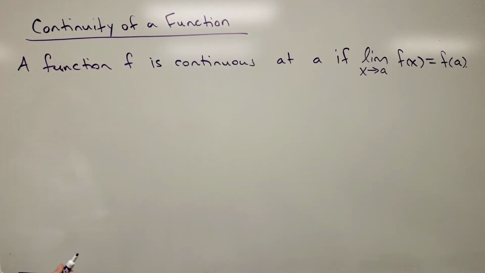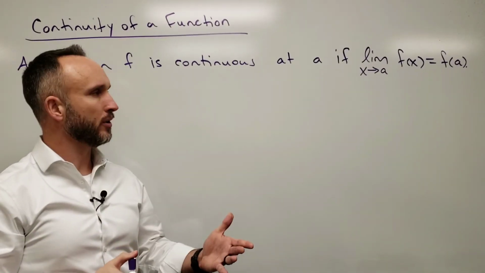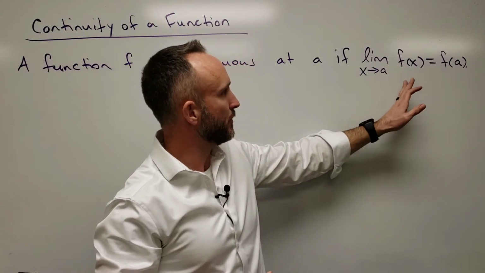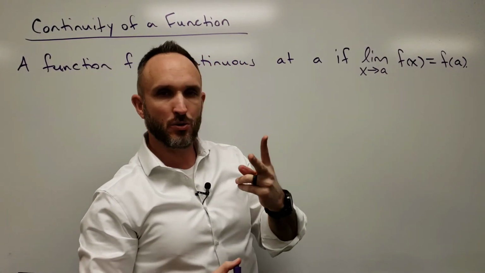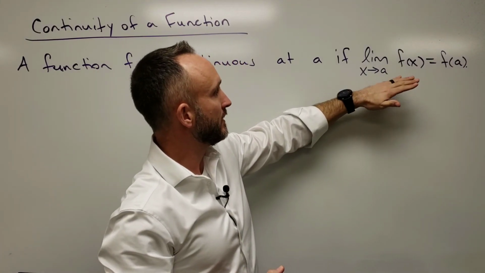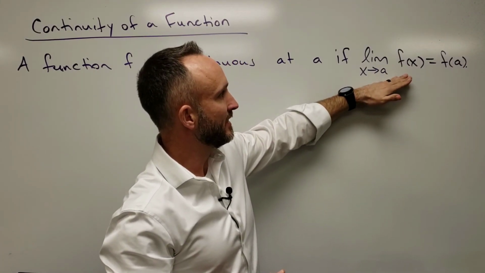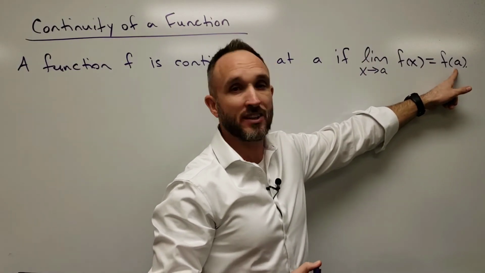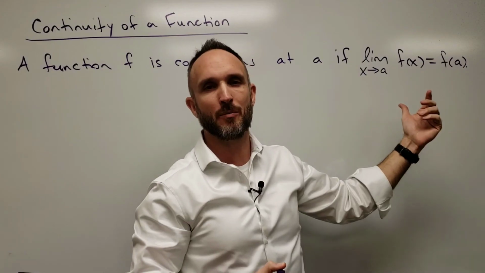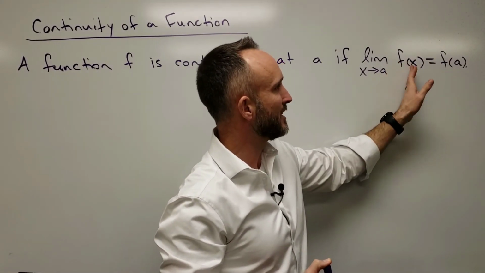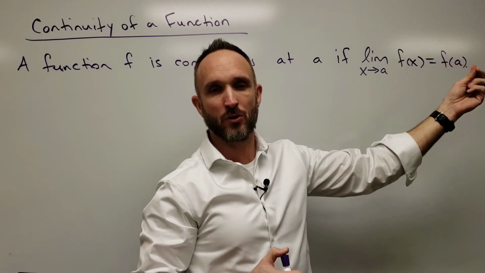So some things to think about when we're trying to decide if this equation is true. Well, really two things have to happen before we can decide if they're equal. If the limit doesn't exist, then this statement can't be true. If the function doesn't have an output, this statement can't be true. So it's important to understand that both of these have to exist before we can investigate whether they're equal.